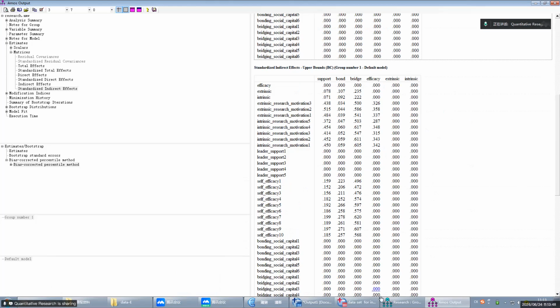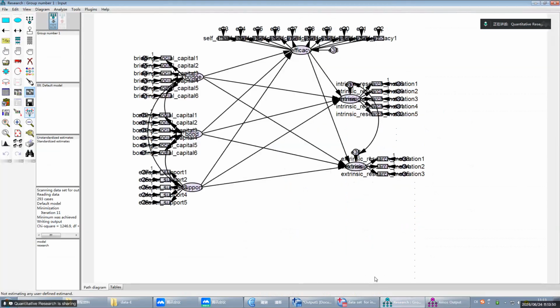Now let's go back. This is from support to extrinsic motivation, right? It means this mediation path, support to efficacy to extrinsic, is it significant or not significant?